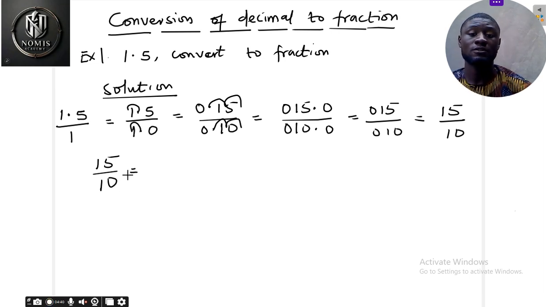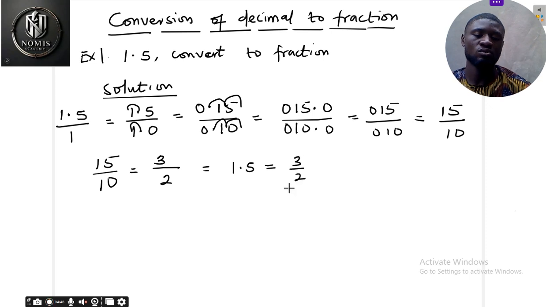Correct. That is 5. 15 divided by 5, I will have 3, all over 10 divided by 5, I will have 2. So this is my final answer. 1.5 has just been converted to 3 over 2. So you can see how a decimal number has been converted to fraction.